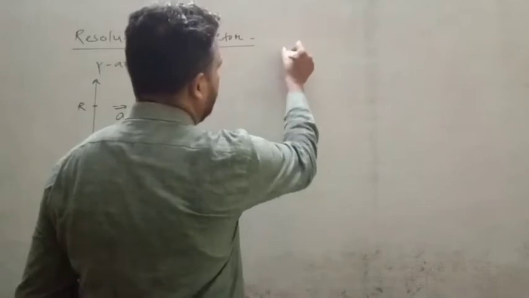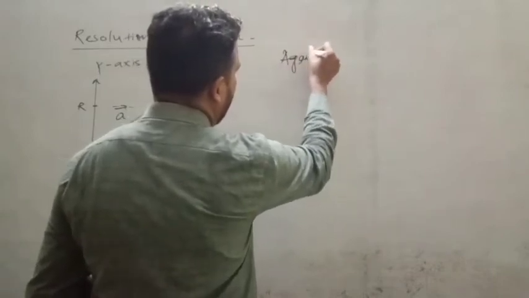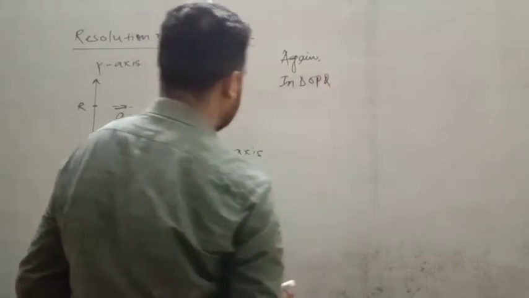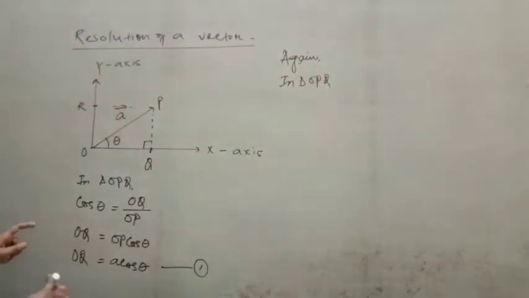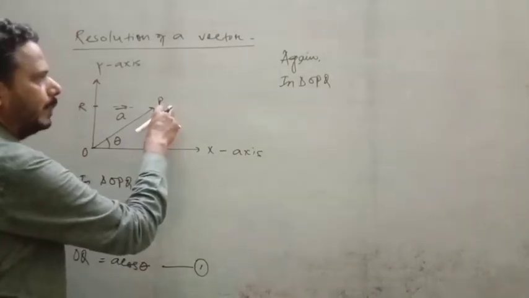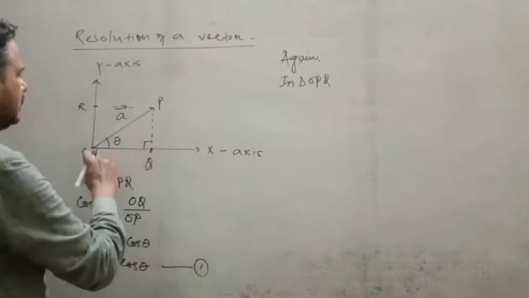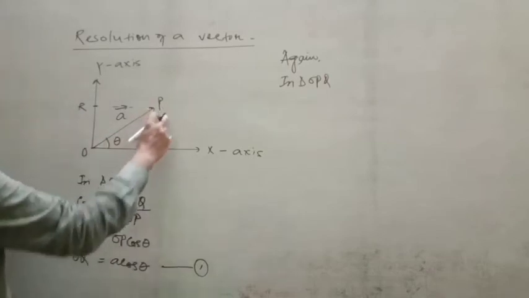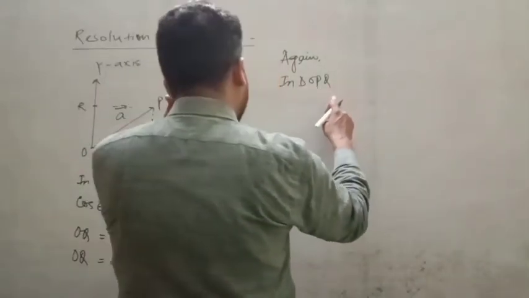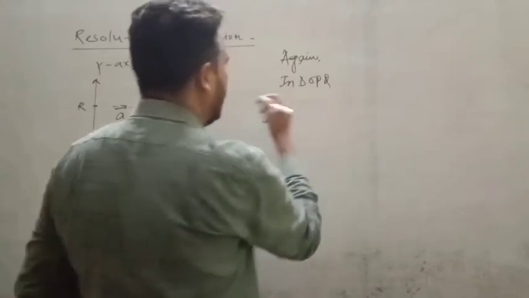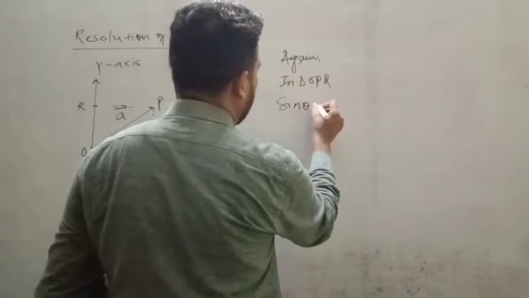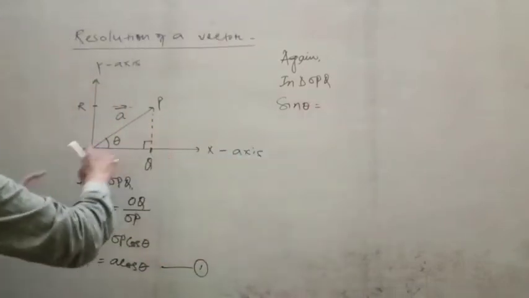So again, in triangle OPQ, now I just want to find this OR. So OR is parallel to QP. Alright. So again we have to take the same angle. Therefore, in triangle OPQ, we take the trigonometrical identity sin theta. Therefore, sin theta is equal to perpendicular by hypotenuse.